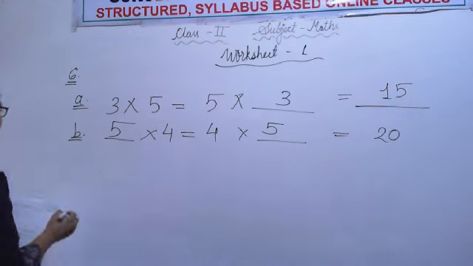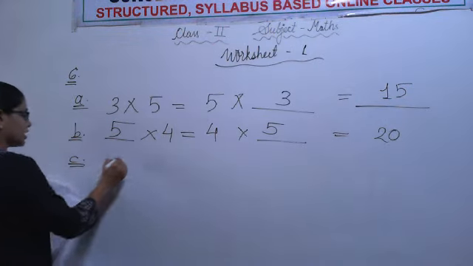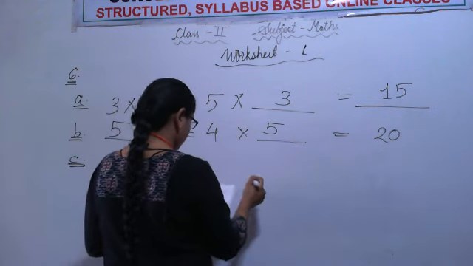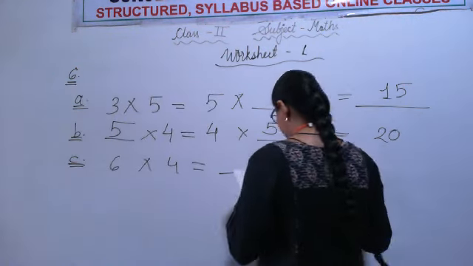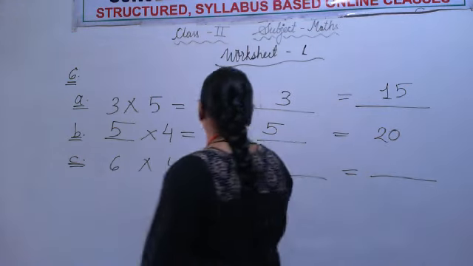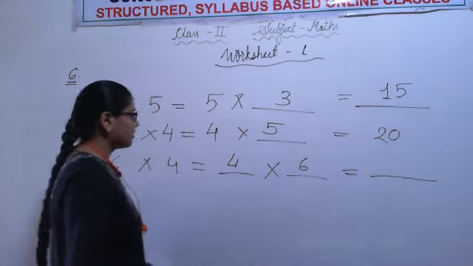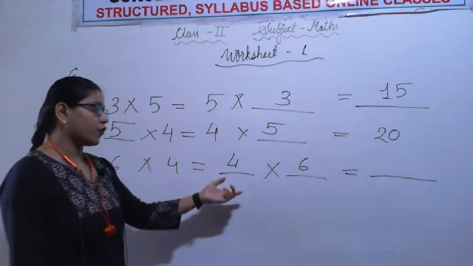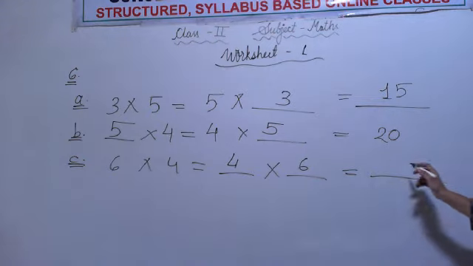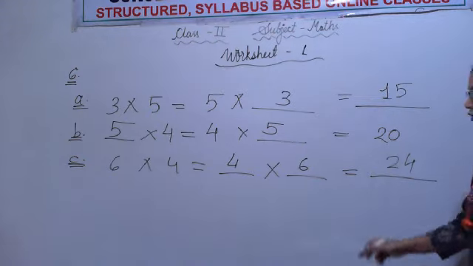Now the next one is 6 into 4 is equals to blank into blank is equals to blank. So 6 4s are is equal to 4 6s are. 6 into 4 is equals to 4 into 6, and 4 6s are or 6 4s are 24. So here we will write 24.